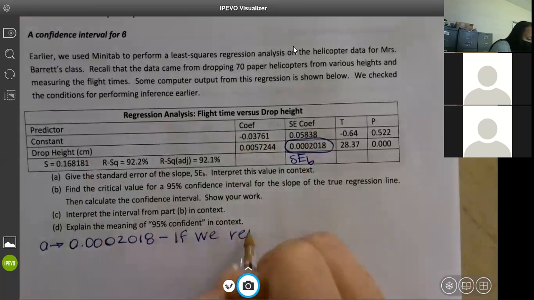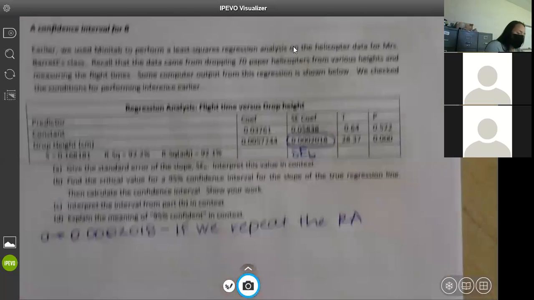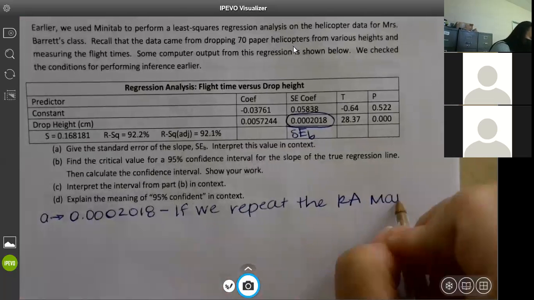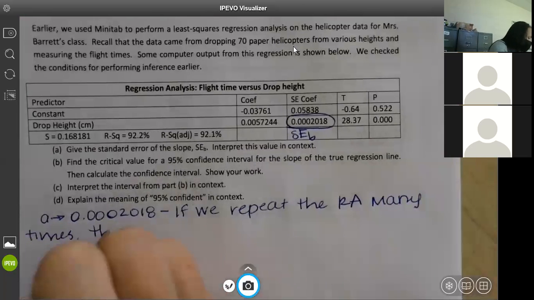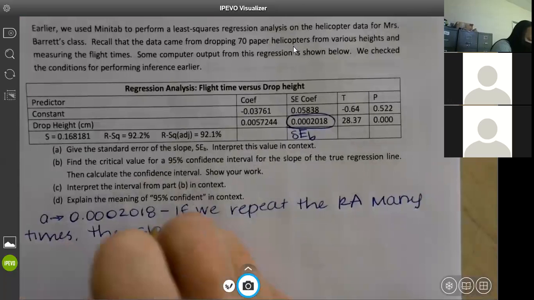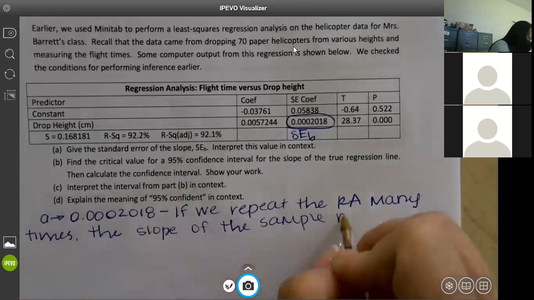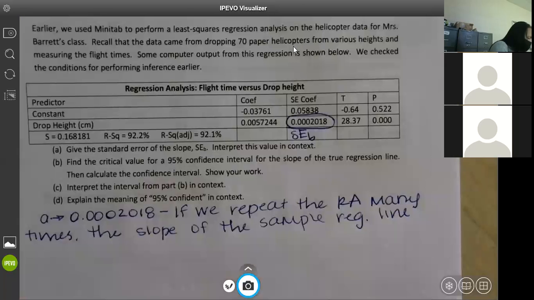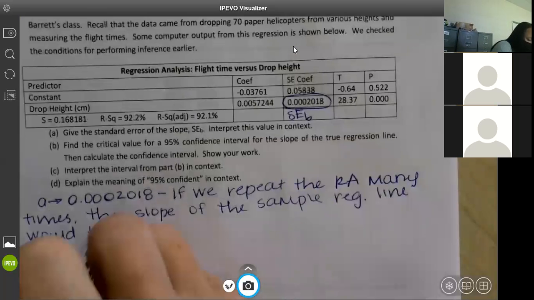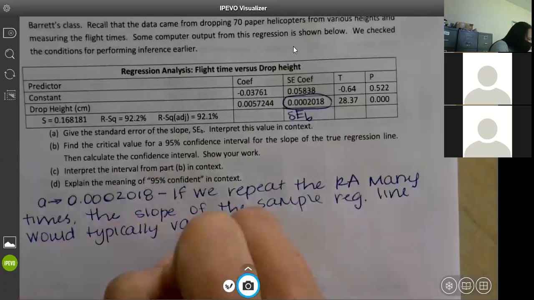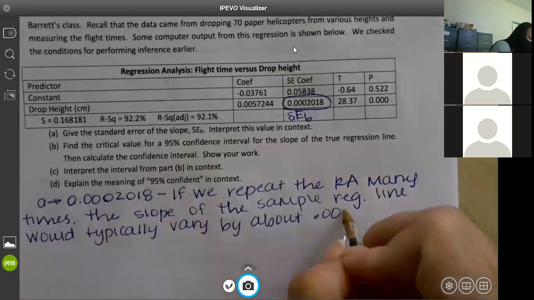If we repeat the random assignment many times, the slope of the sample regression line would typically vary by about 0.0002.